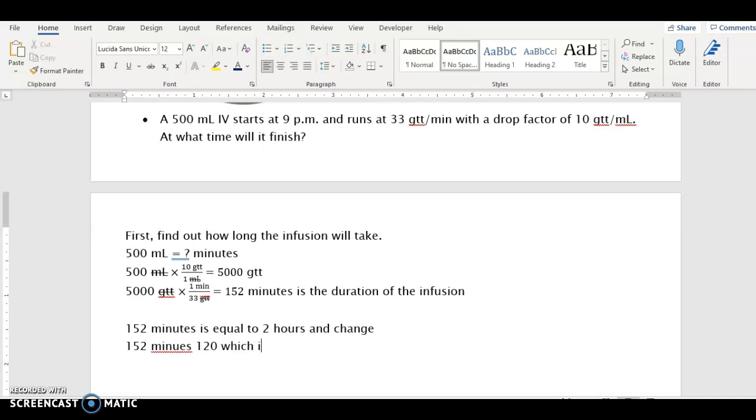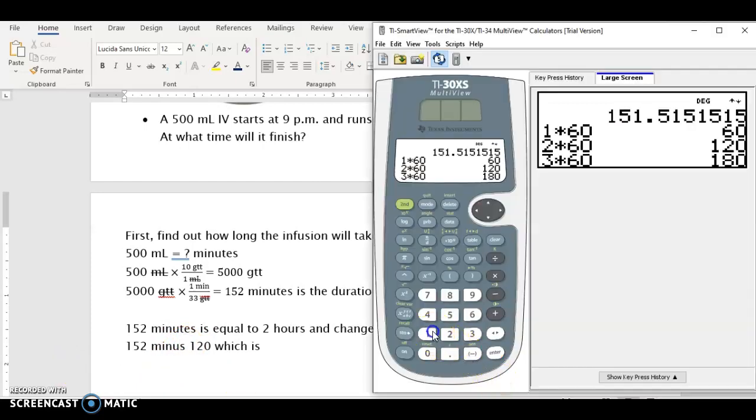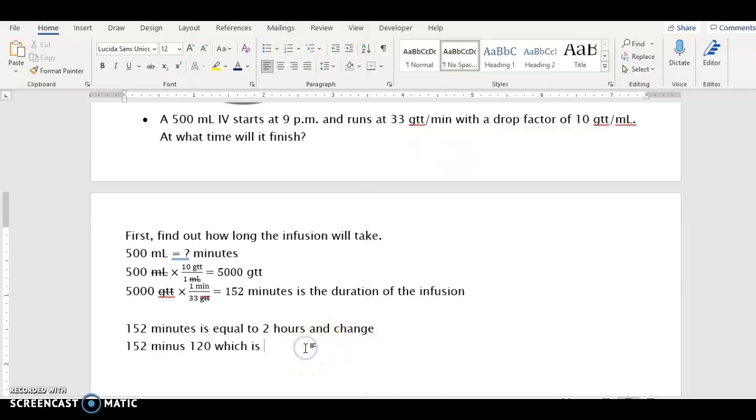Therefore, the duration of the infusion in hours and minutes is 2 hours and 32 minutes.